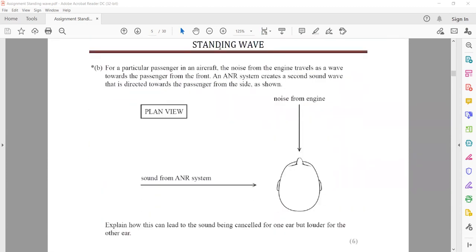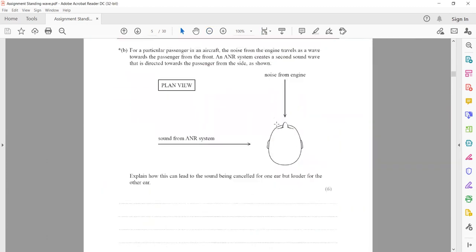The next part: for a particular passenger in an aircraft, the noise from the engine travels as a wave towards the passenger from the front. So the noise from the engine is coming in from this direction, and the ANR system creates a second wave that is directed towards the passenger from the side, as shown.